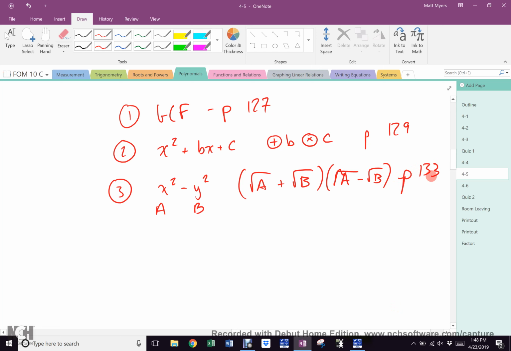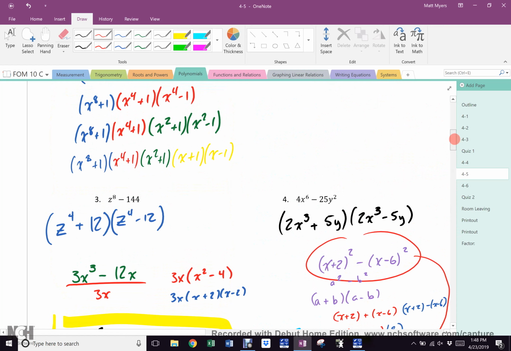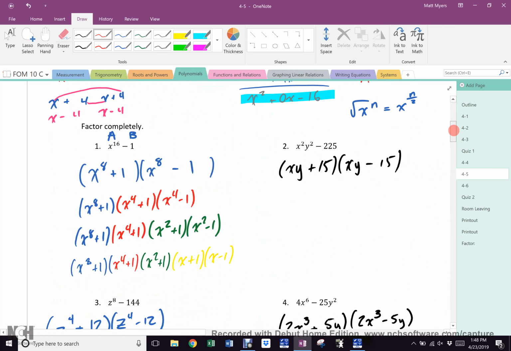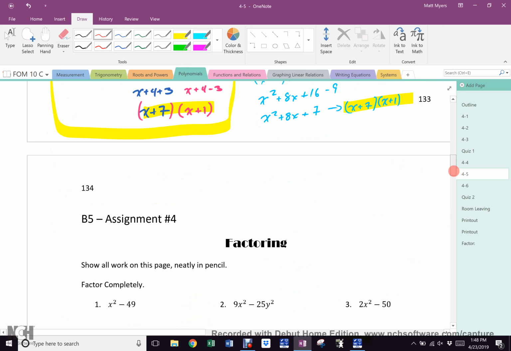You may have to use a combination of them, okay? As I showed you on this question, right? You may have to use a combination, but it's all available to you.